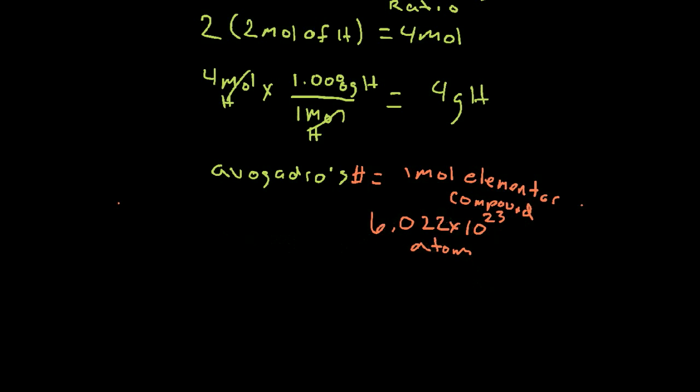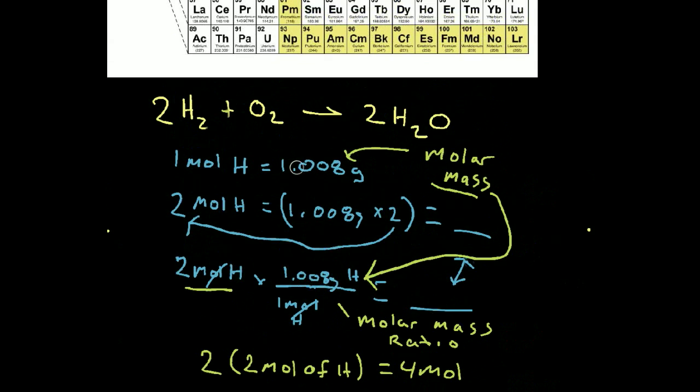Same exact correlation here. So taking our same example up here, let's just do hydrogen. I've got 1 mole of hydrogen, and I know that 1 mole of hydrogen weighs that much.